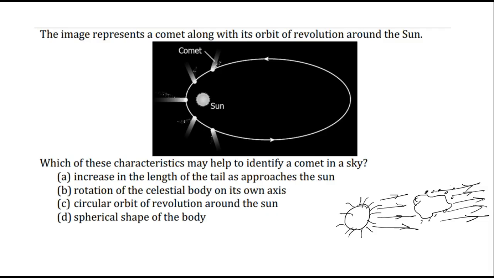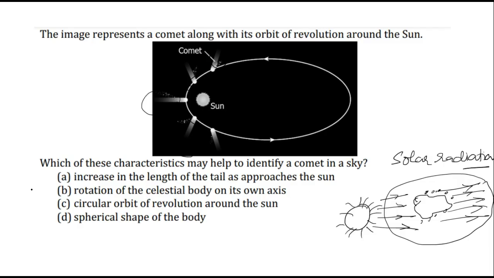When they reflect light, it appears like a tail. These are the dust particles which are blown away gently by solar radiation. So we shall pick one of these now.